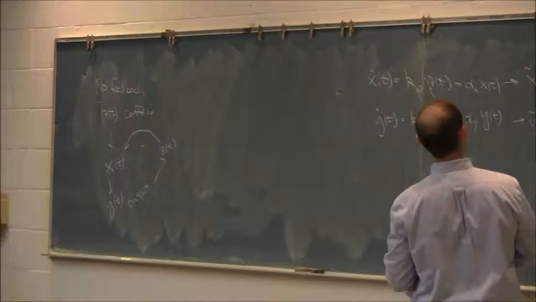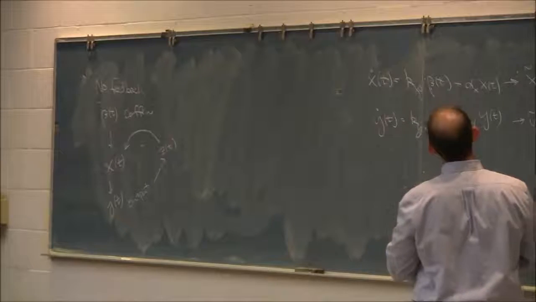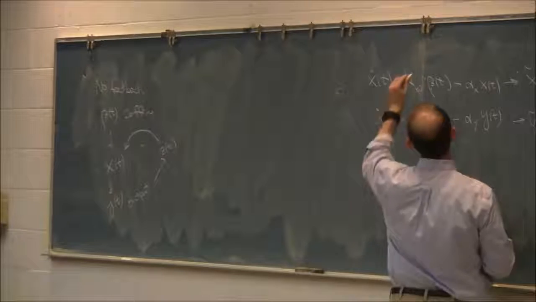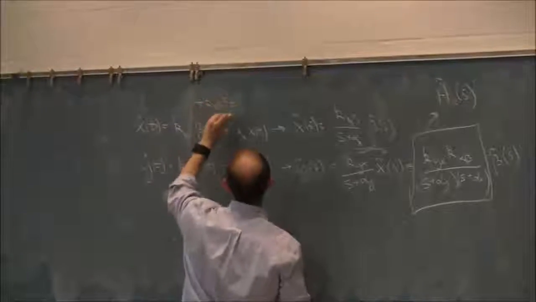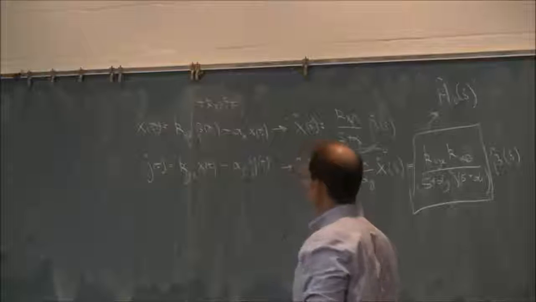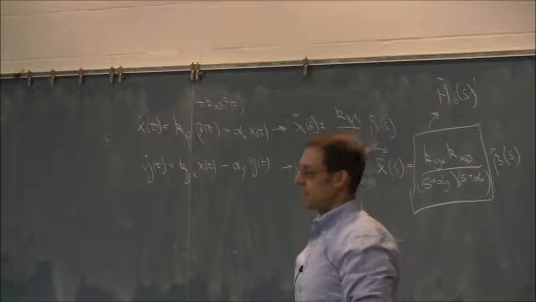So with feedback, we are going to add a plus k_xz Z of t. So that's Z feeding back to X.